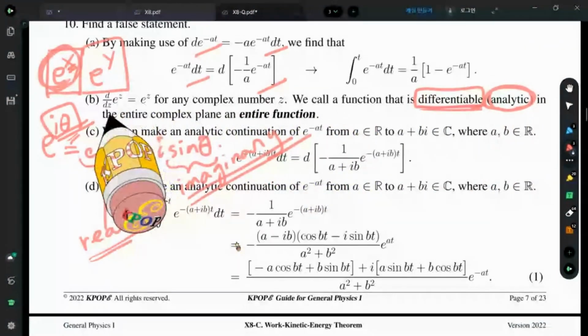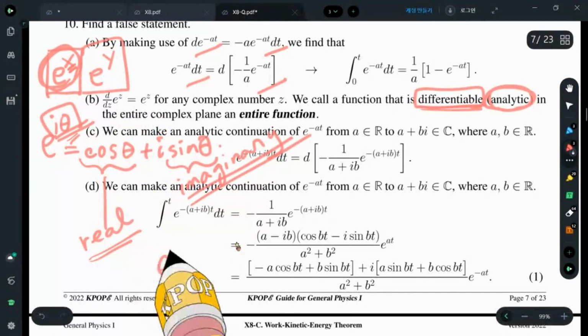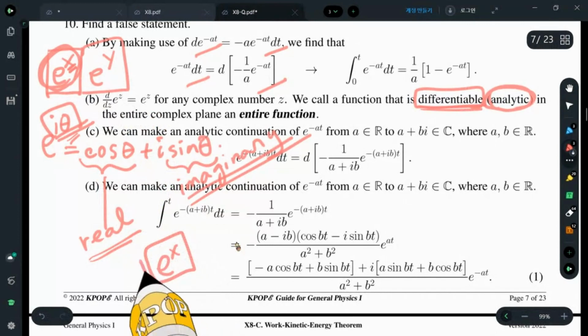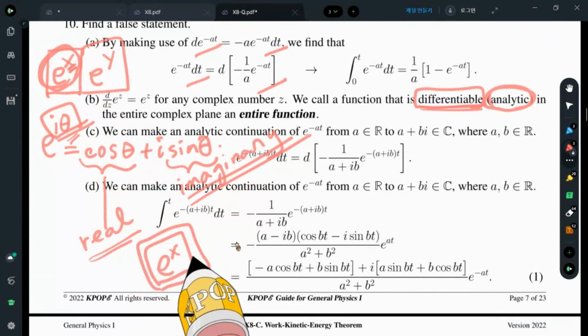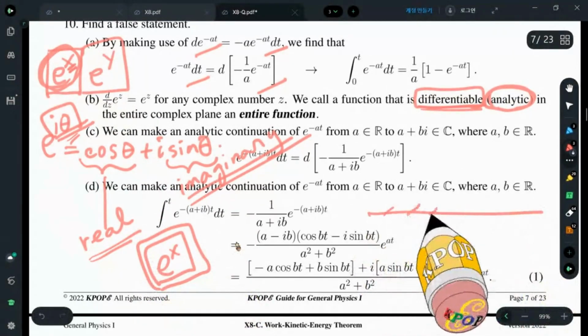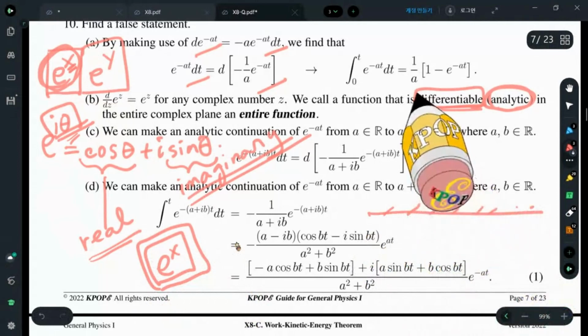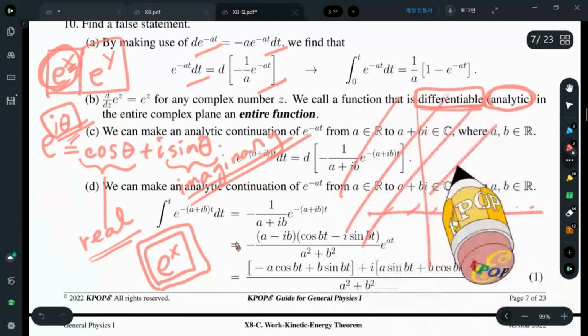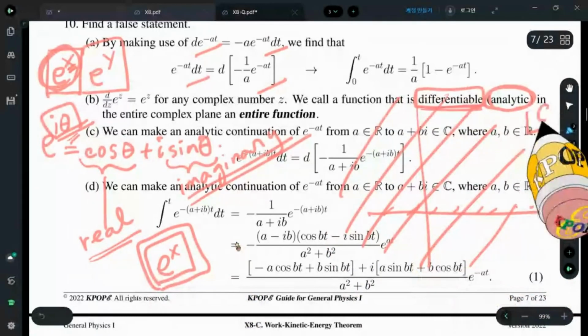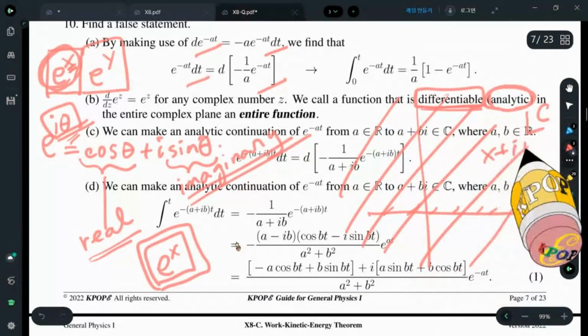And if it is a differentiable function everywhere, that example is the exponential. The exponential function is a very convenient function, and it is differentiable everywhere on the real axis as well as the whole complex plane x plus iy.